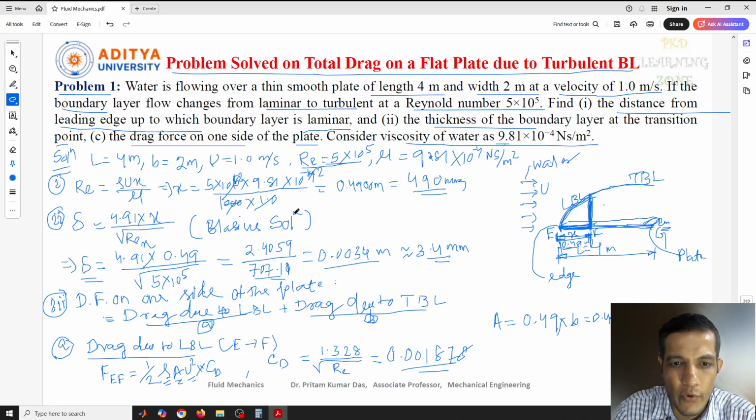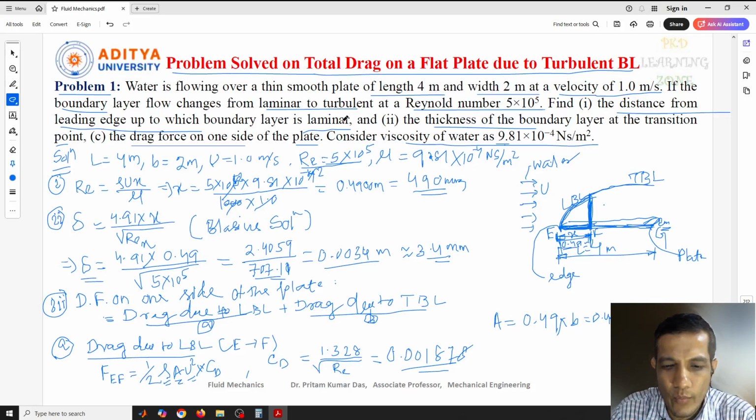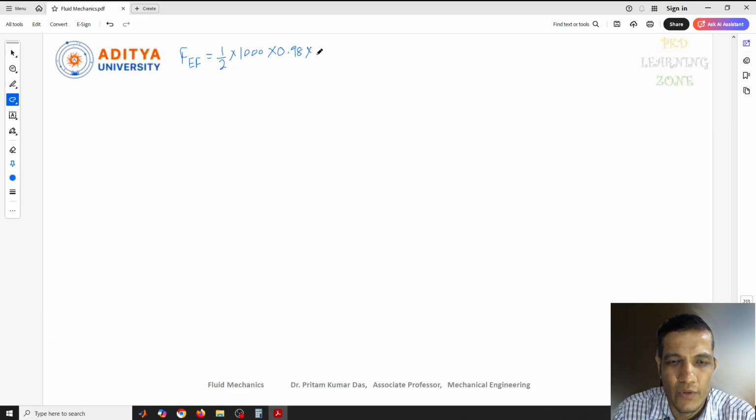The A value is 0.98, and U square velocity is 1, so no need to consider that. The remaining value is CD, that is 0.001878.